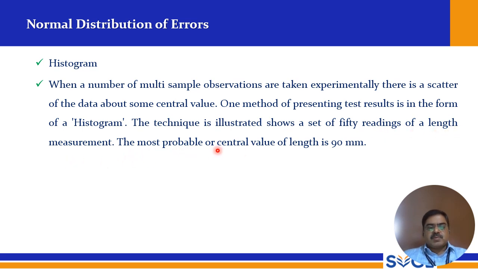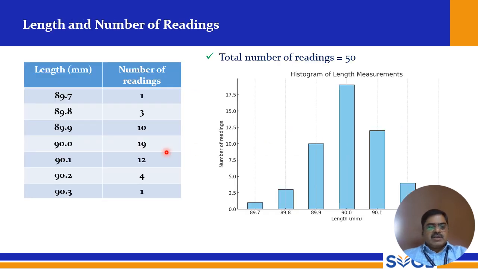The most probable central value of length is 90 millimeter, which occurs 19 times. So this is the histogram for these values, a graphical representation of error analysis.